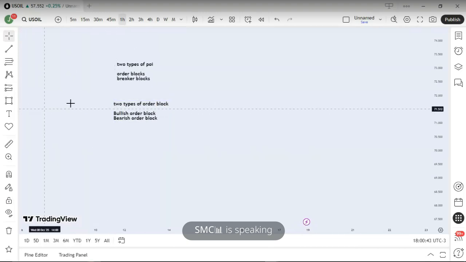You understand? A bearish order block that fails to hold price is known as a bullish breaker block. The same thing is vice versa. A bullish order block that failed to hold price is called a bearish breaker block. You understand?